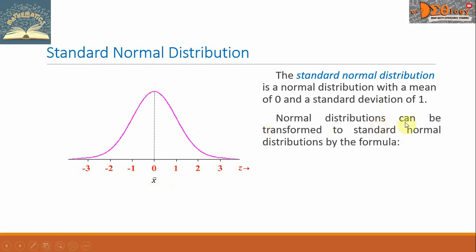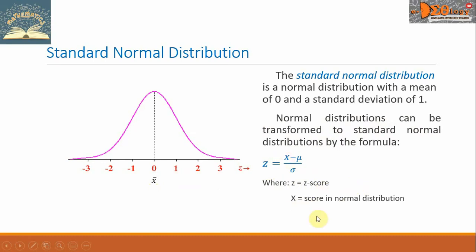Normal distributions can be transformed to standard normal distributions by the formula z equals capital X minus mu all over sigma. The z is the z-score.